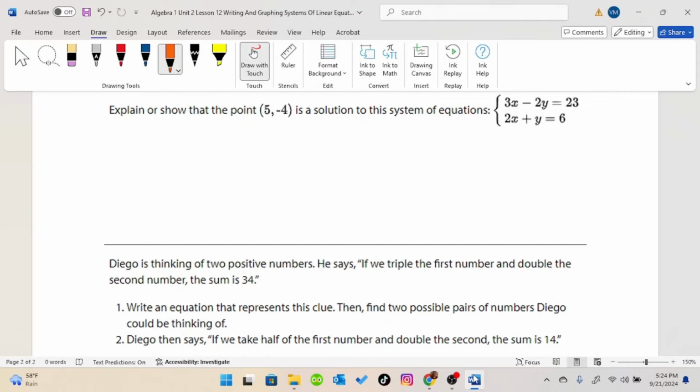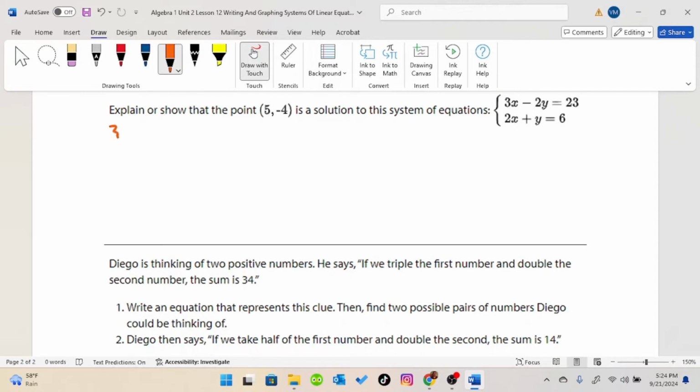The second equation is 2x + y = 6. If this point is a solution to the system of equations, then when we substitute 5 in for x and -4 in for y, both equations will be true statements.